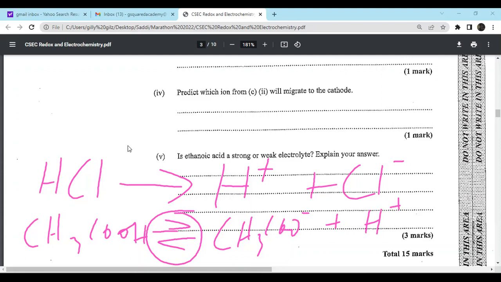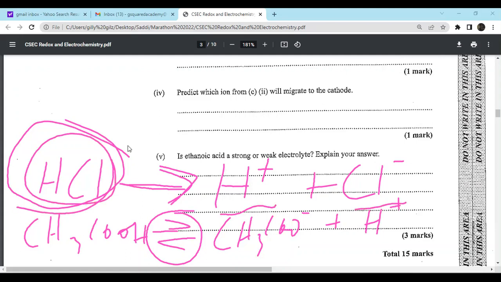But look at the hydrochloric acid. The arrow goes in one direction. You see that? That means that all of the HCl here is converted to H+ and Cl minus. So if I had 100 molecules of HCl, every single molecule would be converted to H+ and Cl minus.